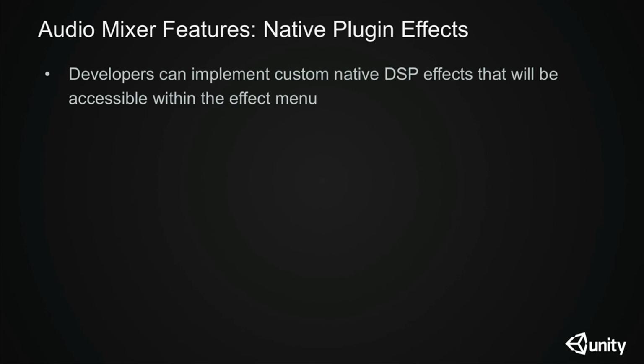We have also created the ability to do native plugin effects. We provide a few effects for you, but it's important that you be able to create your own effects, and not just in script. So developers can now create custom native DSP effects that you can just drop into your plugins folder, and they'll immediately show up in your effects menu.